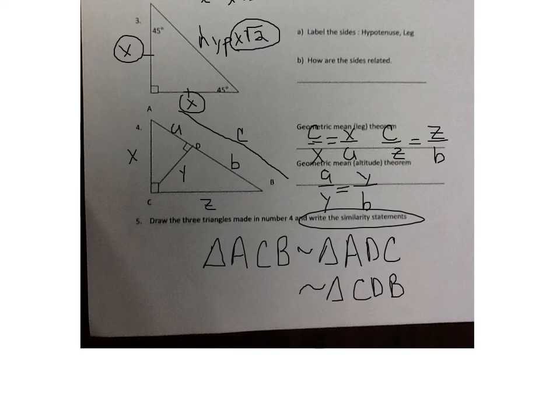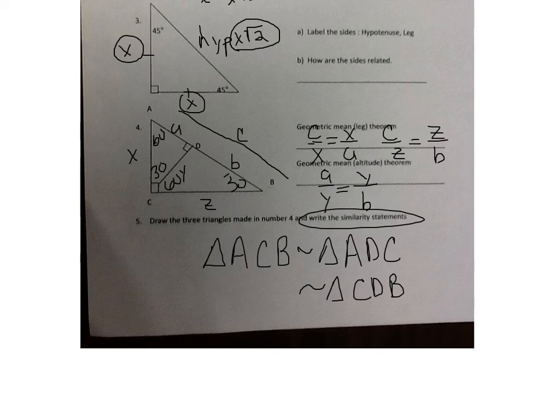Remember in class I told you that if you have a difficult time identifying these triangles and making sure the vertices are in the right position, put numbers in your triangle to help you verify. So if I, for example, put a 60 up there at vertex A, a 30 at vertex B, then we can see in our right triangle this angle would be 60 degrees and this adjacent angle would be 30. We can check to see how we named our triangles. Well, I named it with the 60-degree angle first, the 90, and then the 30.